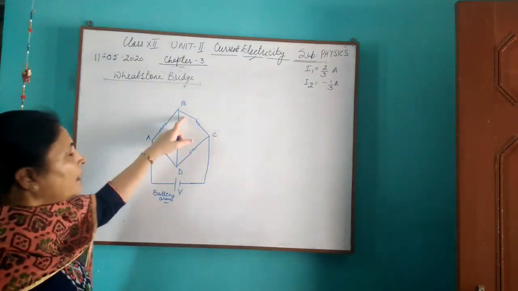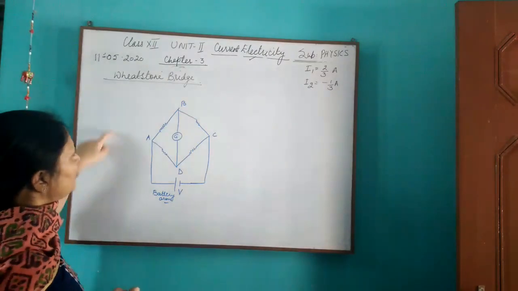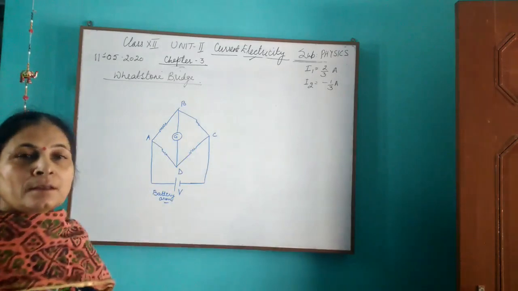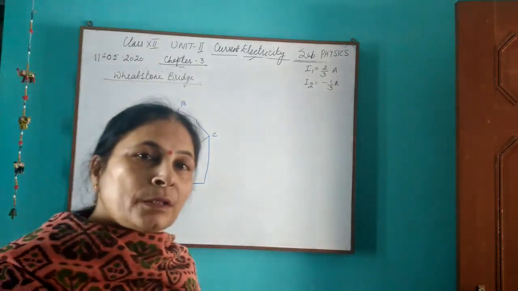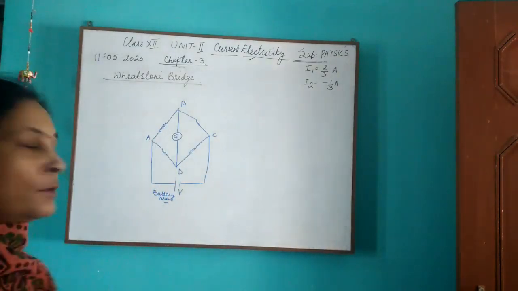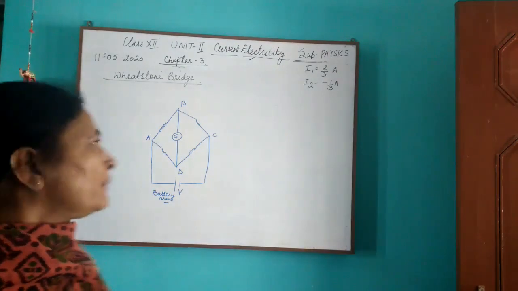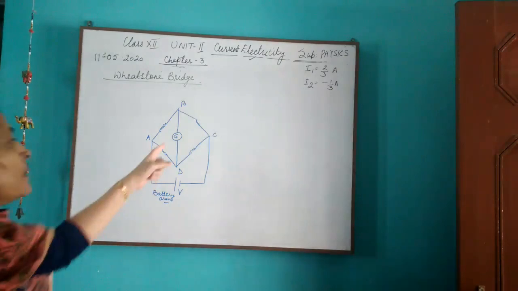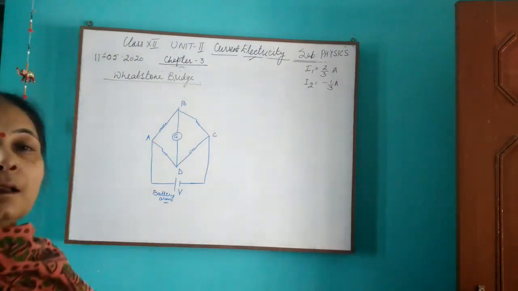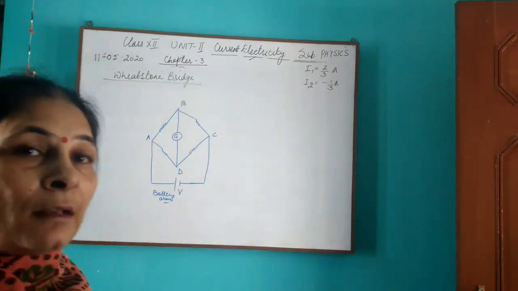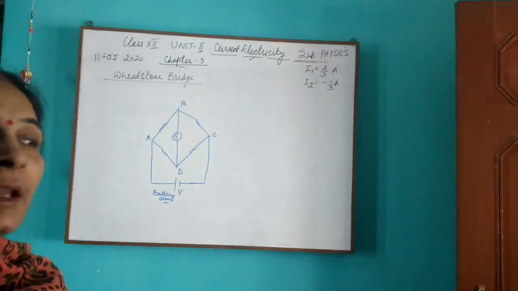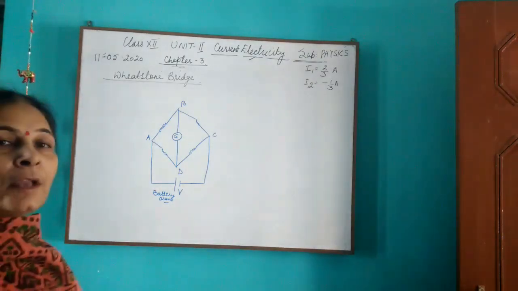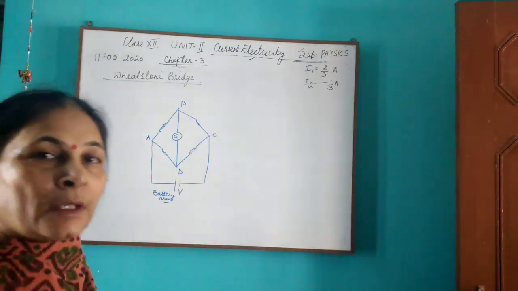I can make the galvanometer connection from outside, and the cell can be connected from inside, that is immaterial. So across one diagonal a source of potential difference is connected, and across the other diagonal a galvanometer is connected. A galvanometer is a device to detect current as well as the direction of current. About the galvanometer we will be doing in unit 3 also in detail.